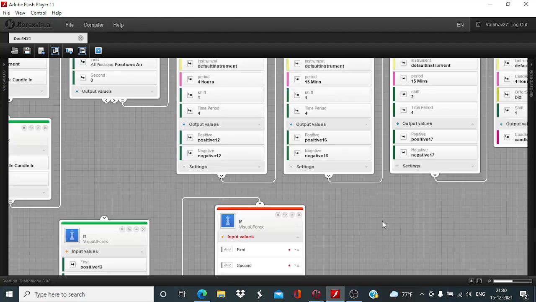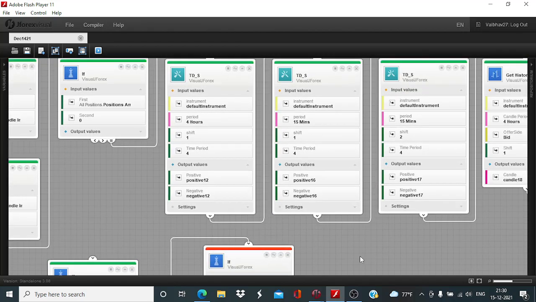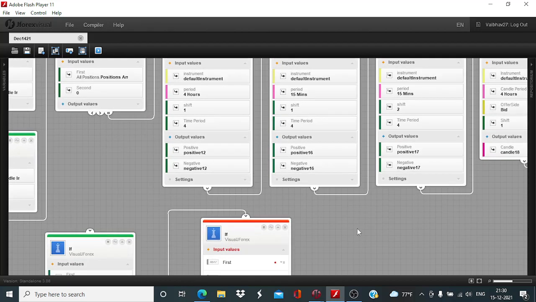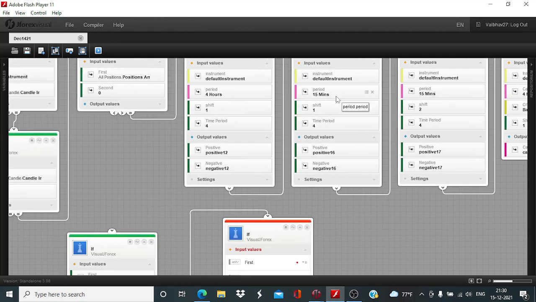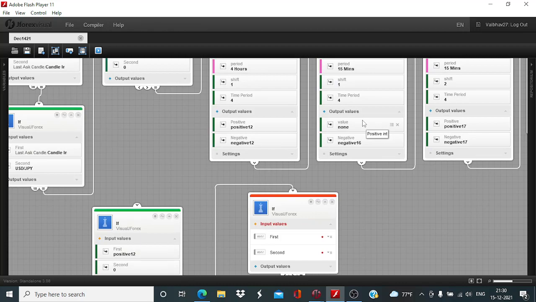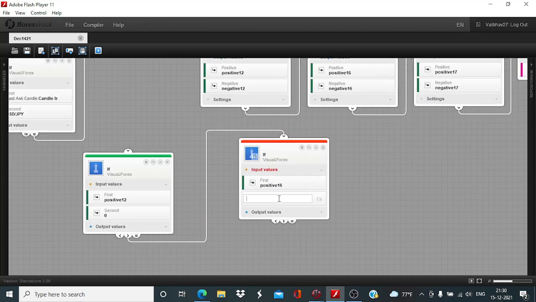Okay, after that we consider the 15-minute DeMark sequential formation, where we will need the last 15-minute output to be greater than 0. It should be a positive value, which can be anything starting from 1, should be greater than 0.